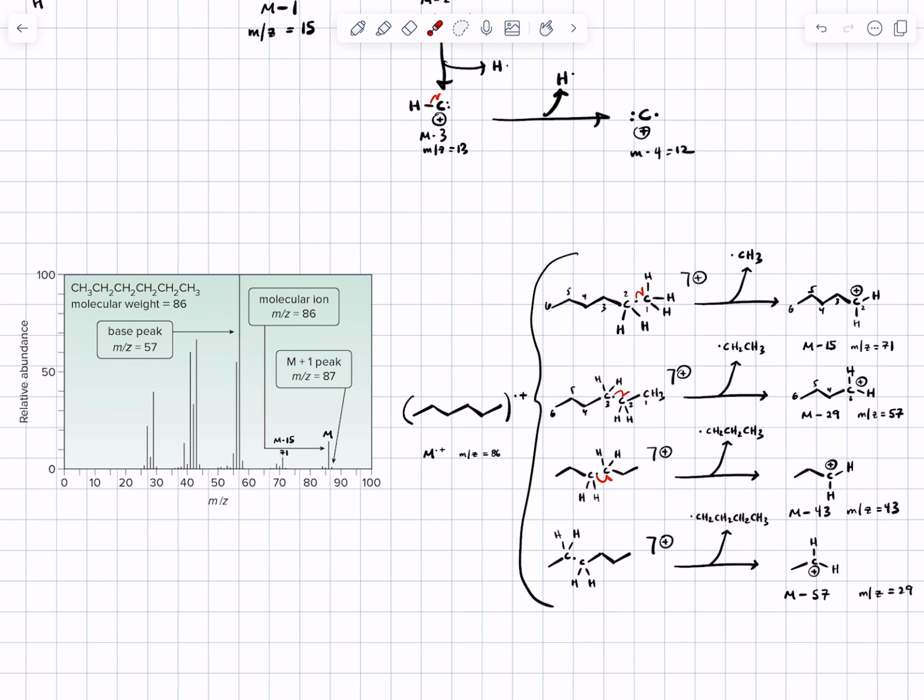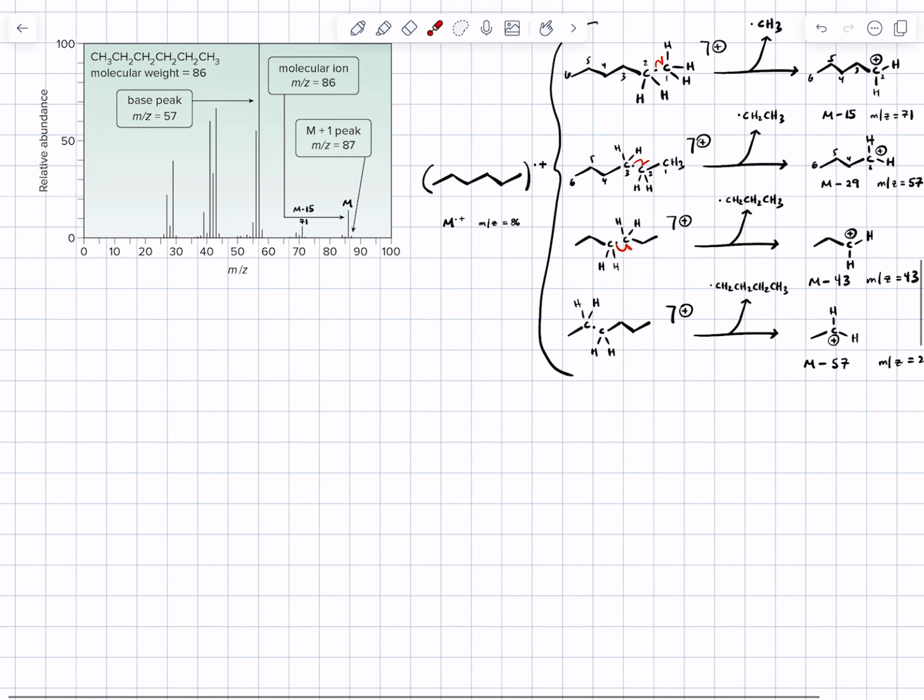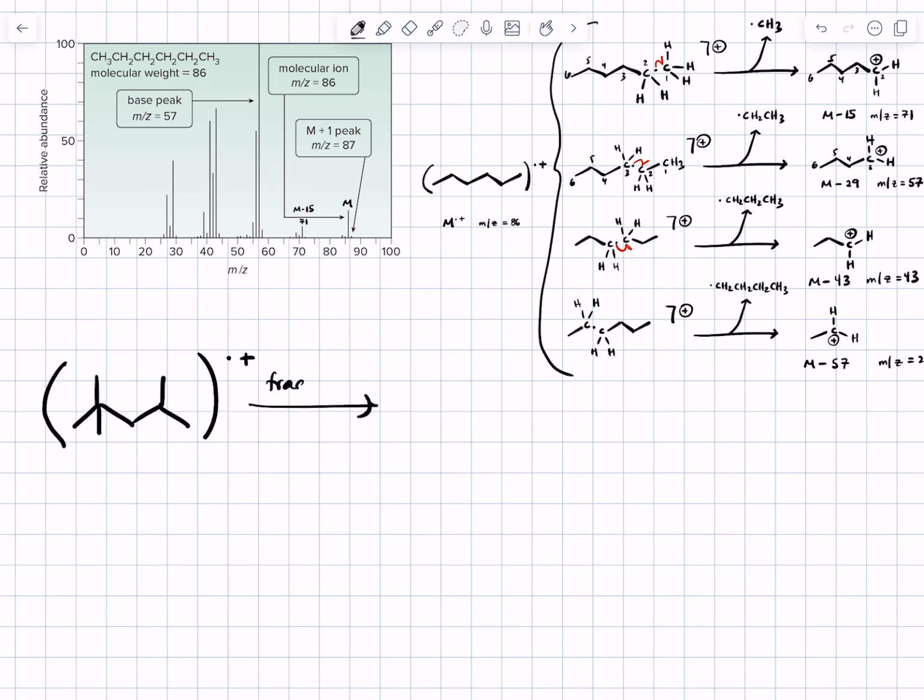I will say, though, that you can use some principles that you already know about carbocation stability to help you out. Here is a molecule, and let's say it gets ionized to form the radical cation. And then that radical cation fragments into pieces.